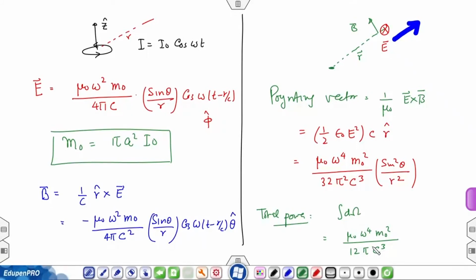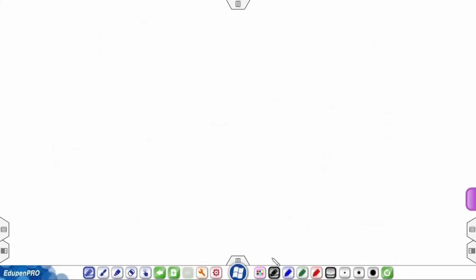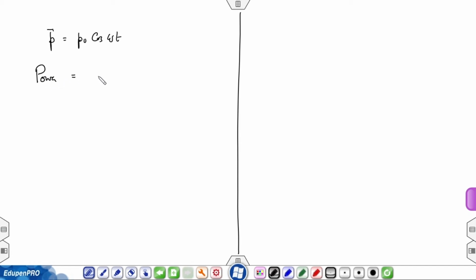So, let us now compare this and the electric dipole. We had earlier studied electric dipole p, which was p naught cosine omega t oscillating back and forth. In this case, the total power radiated was equal to omega raised to 4 p 0 square over 12 pi epsilon 0 c cubed.